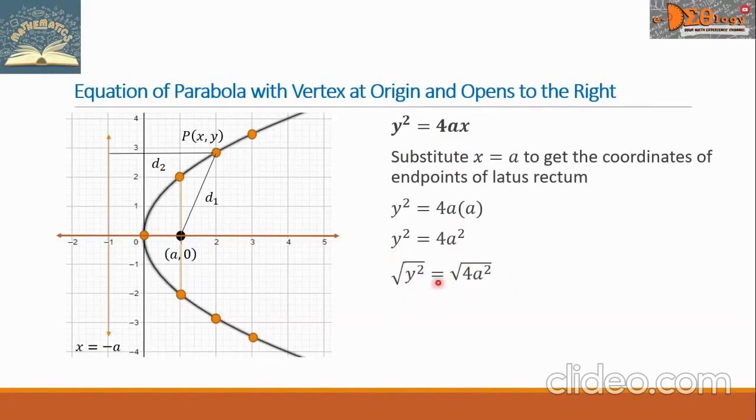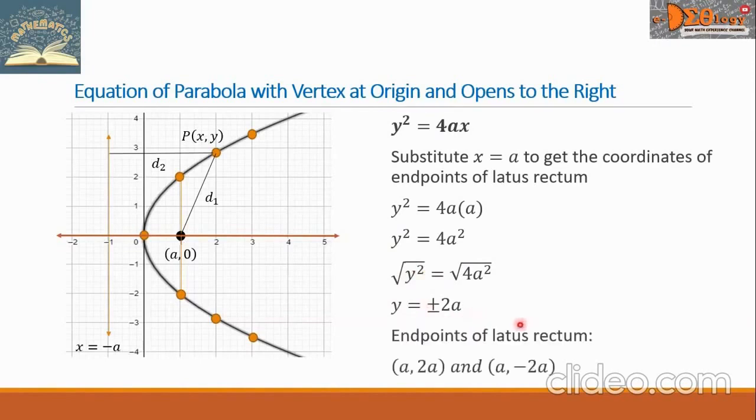On the left side, we can cancel the radical and the power 2. So we have now y equals, the right side becomes plus or minus 2a. It means to say the endpoints of the latus rectum are the points (a, 2a) and (a, negative 2a).